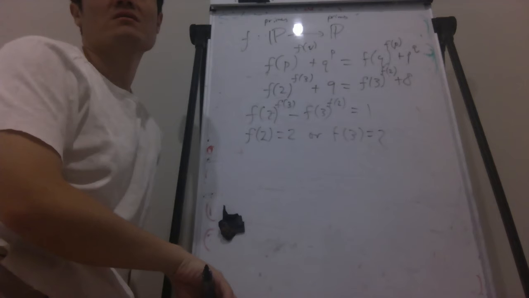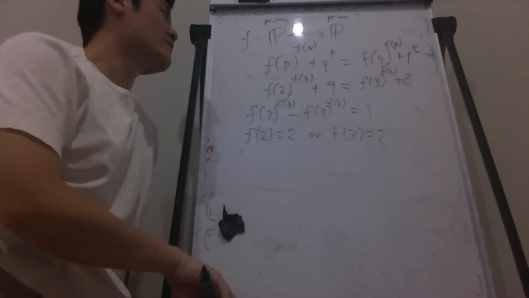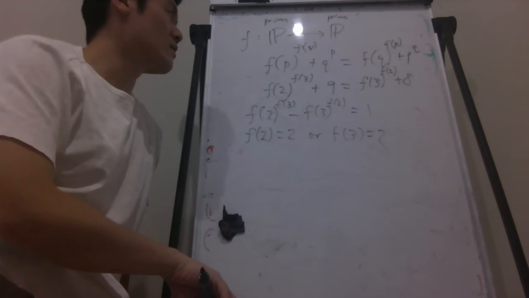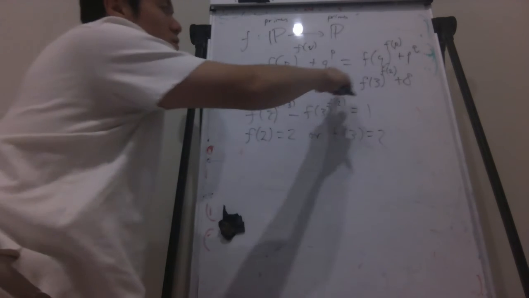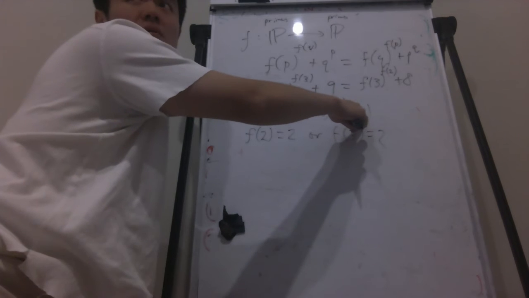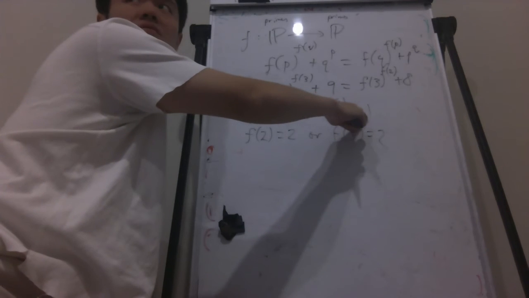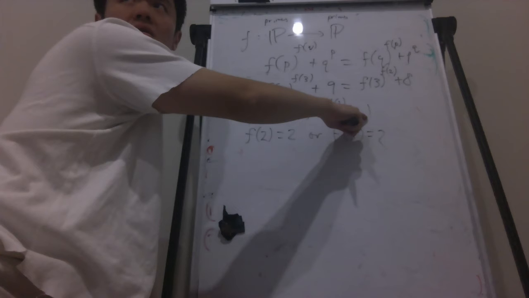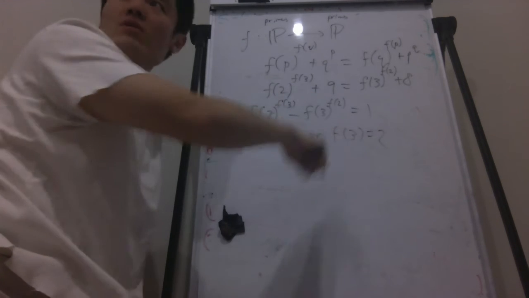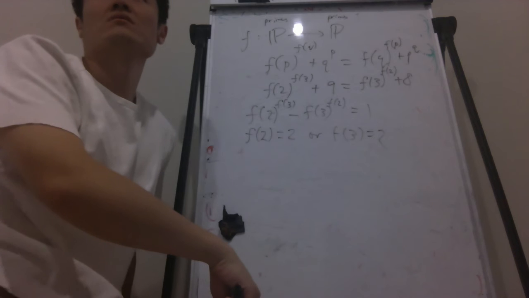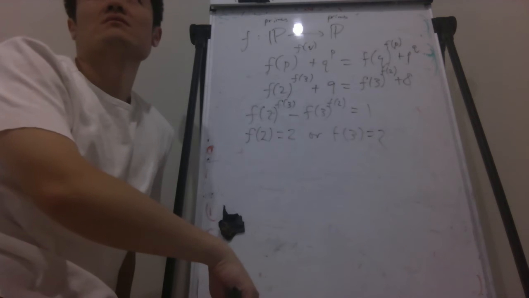If f of 3 is equal to 2, then f of 2 is different, because 2 will give you an odd number here. That's the only thing that gives you an odd number. Everything else gives you an even number here. So if f of 3 equals 2, then f of all the odd primes is equal to 2.